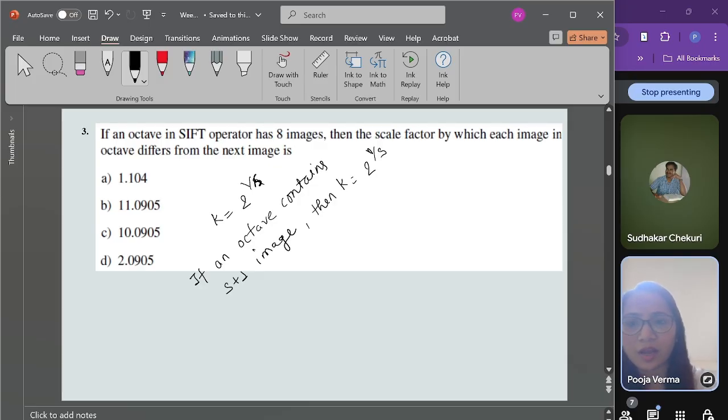Here, if an octave in the SIFT operator has 8 images, then s plus 1 is 8 images in total. So to find s, it will be 7. Then k is equal to 2 to the power 1 by 7. Here a total of 8 images are there, but if an octave contains s plus 1 images, then k is represented by 2 to the power 1 by s.